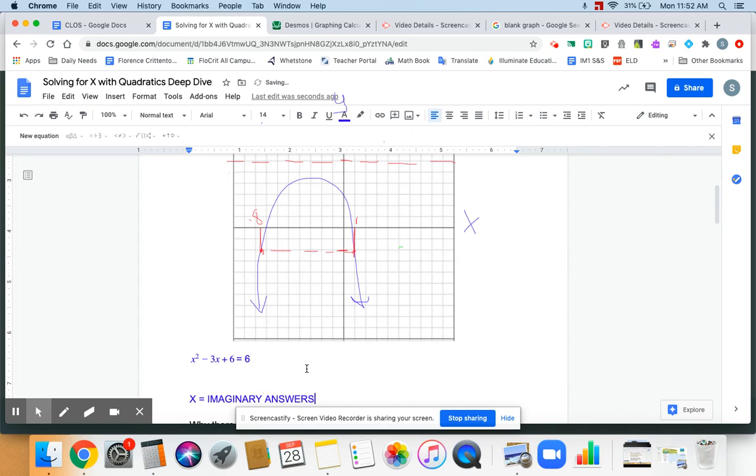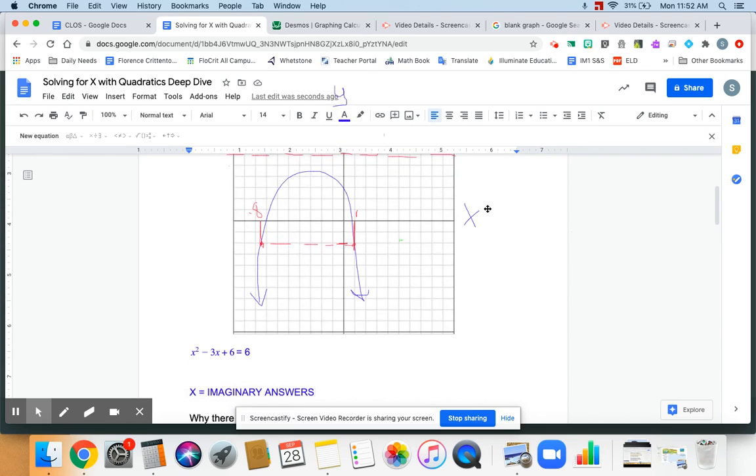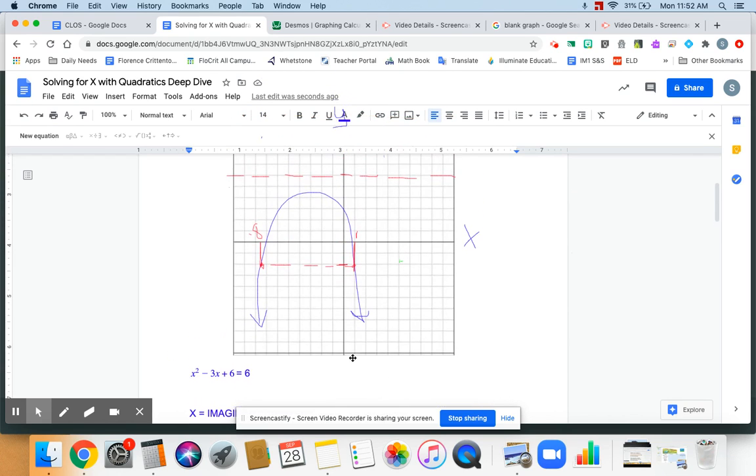So that's what happens when there is no graph at that value. Like there's no graph when y is 6 up here. Because there's no graph up here, how am I going to solve and get answers? Well, that's why we have imaginary answers and imaginary numbers. So that's why we get imaginary numbers sometimes, at least graphically.